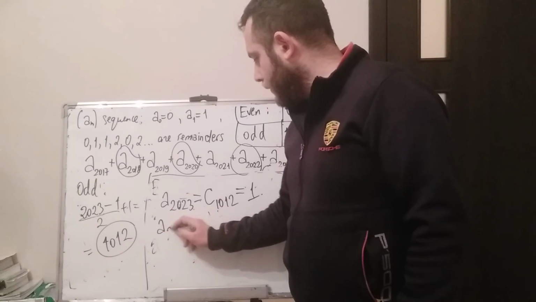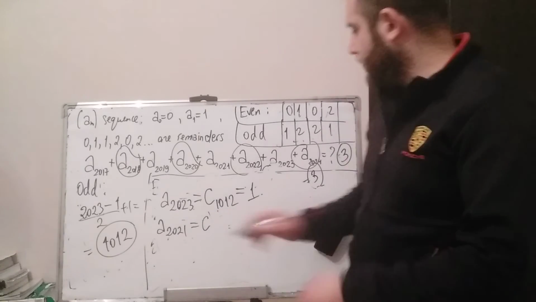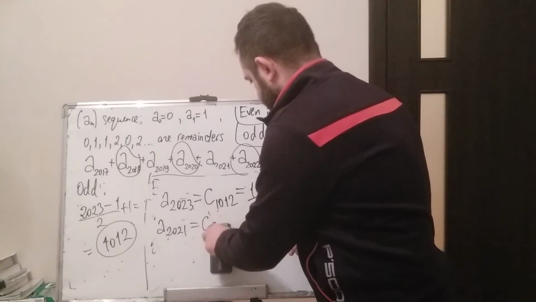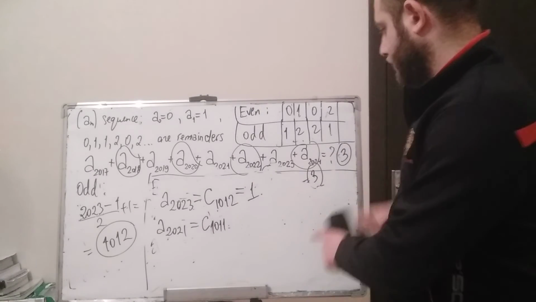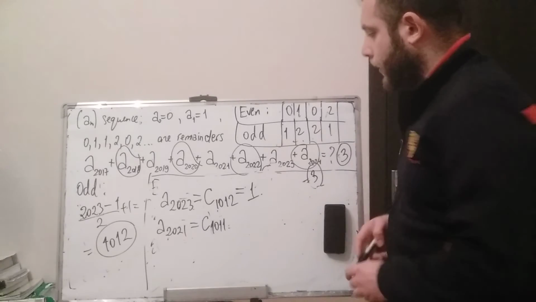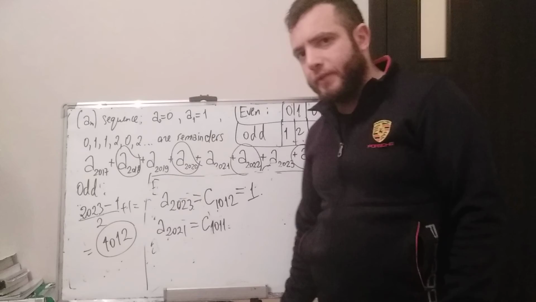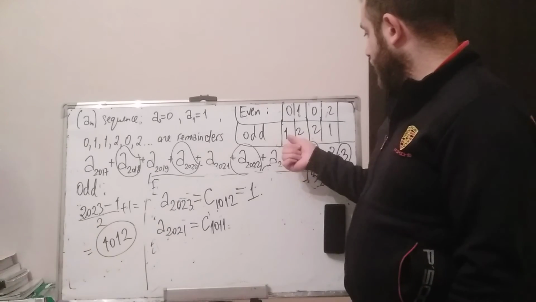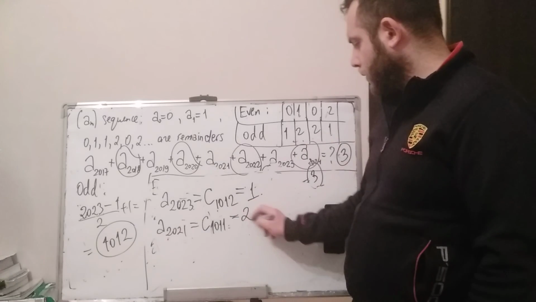A 2021 is C 1011. When divided by 4, the remainder is 3. 3 means we take 2.